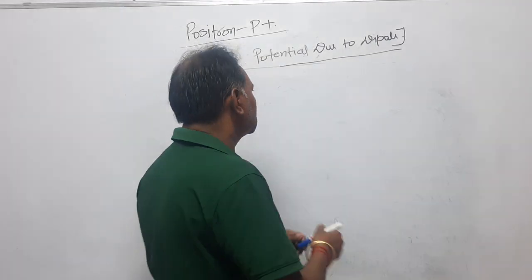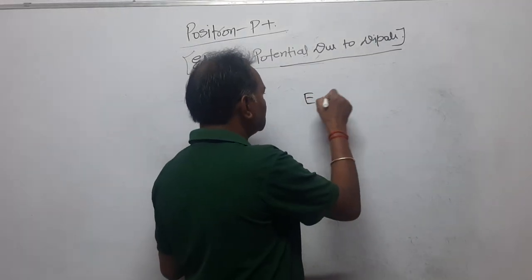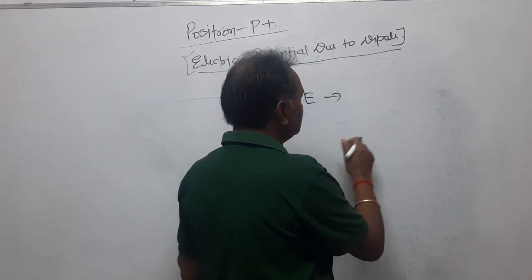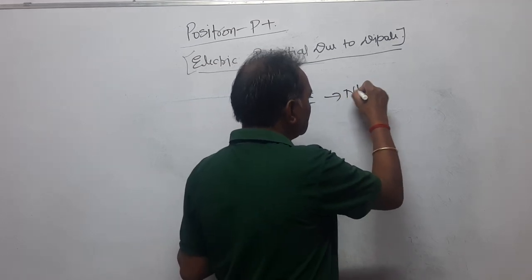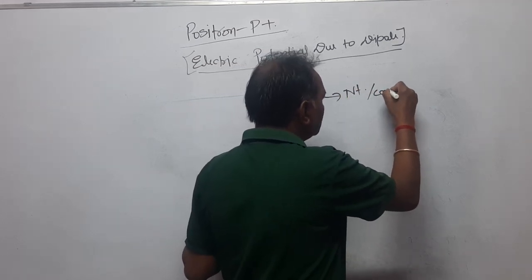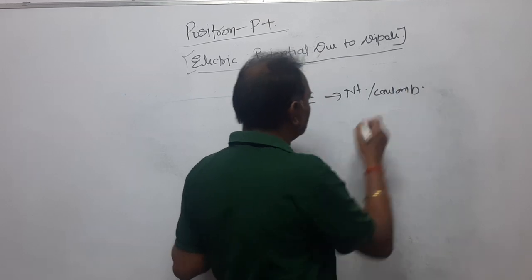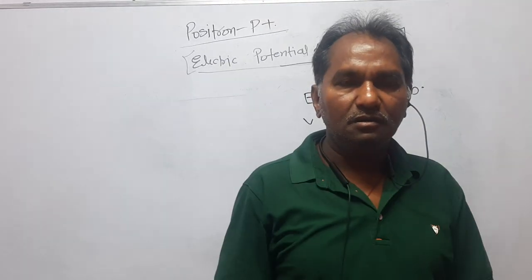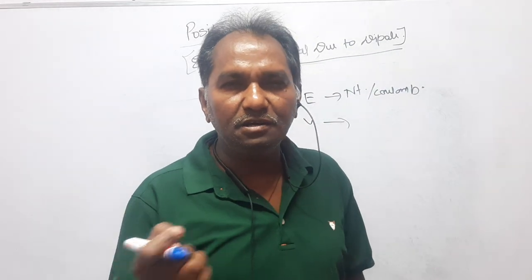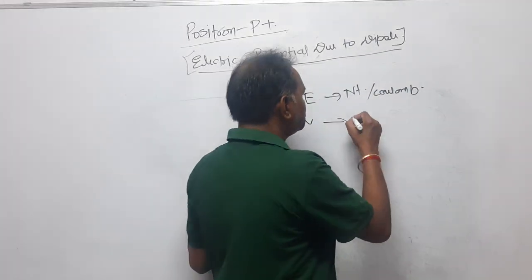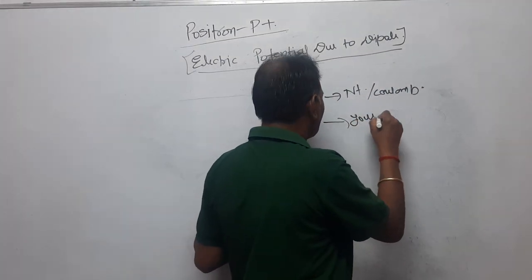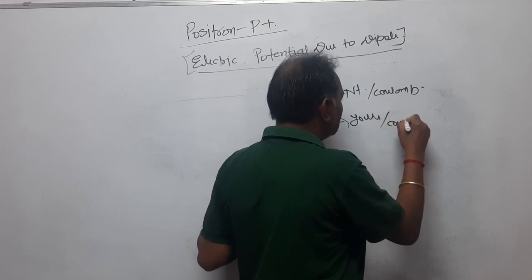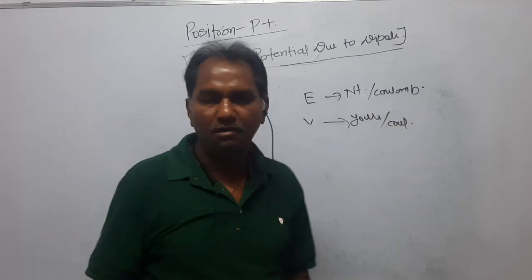The unit of E is force per unit charge, that is Newton per Coulomb, right? In a similar way, electric potential is the work done in bringing a unit positive test charge, that is Joule per Coulomb, and this Joule per Coulomb is also called volt, right?